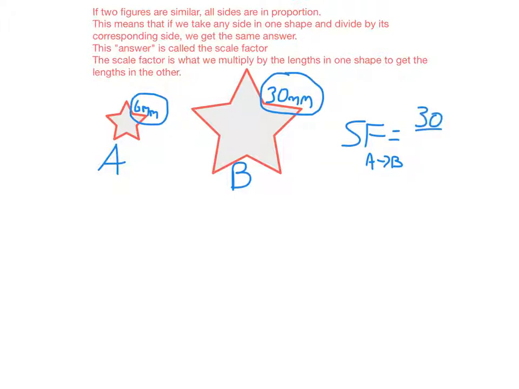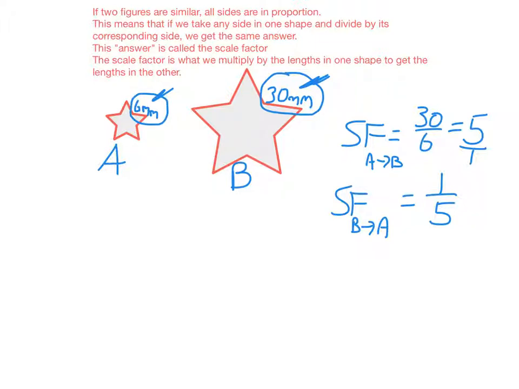So it's just 30 divided by 6, which is 5. Now the scale factor if I want to go from B to A would be what do I need to times by this to get that. And it's just the opposite. I need to divide by 5 or times by 1/5. So the scale factor from A to B is 5 over 1. The scale factor from B to A, you just flip the fraction.